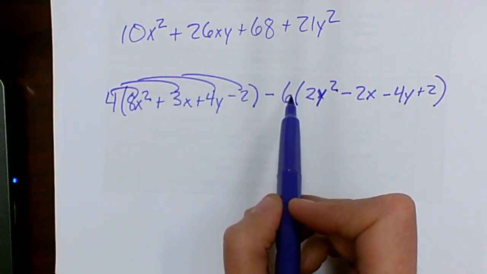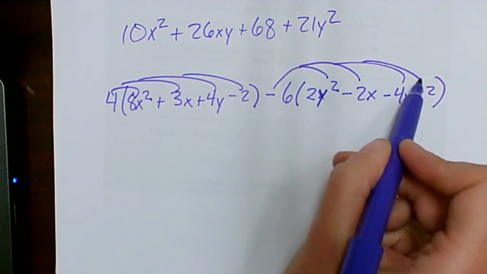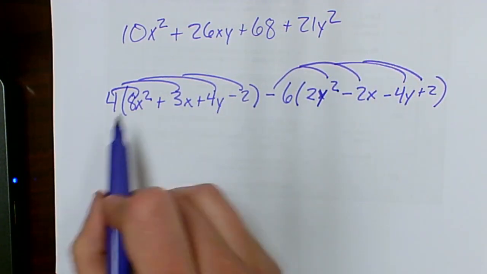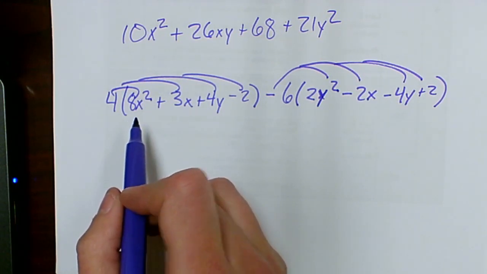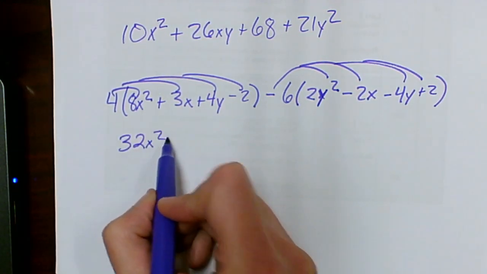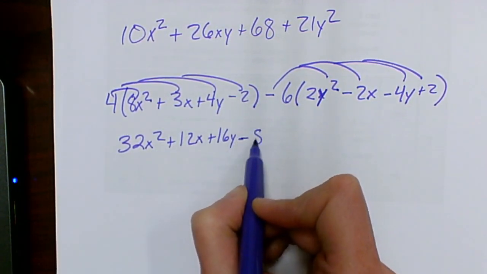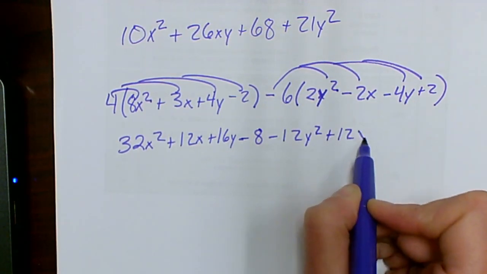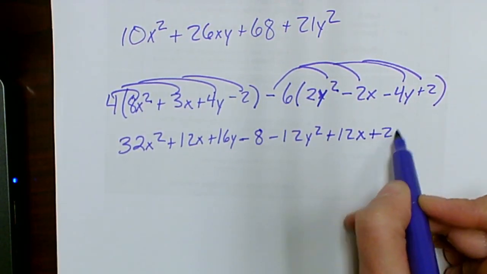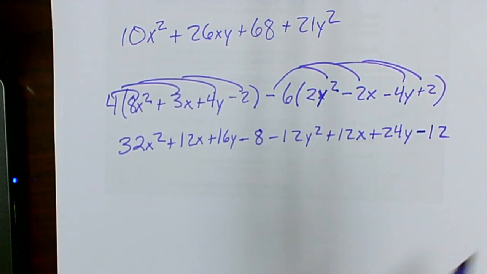This is not a positive 6, but it is a negative 6. So we are going to distribute it like a negative 6. So let's distribute the 4 at first. 32x squared plus 12x plus 16y minus 8 minus 12y squared plus 12x plus 24y minus 12.